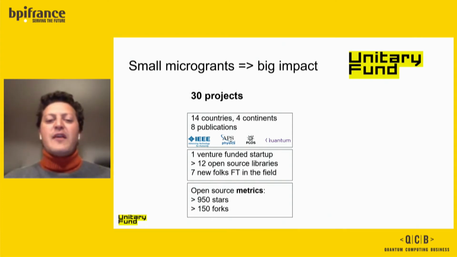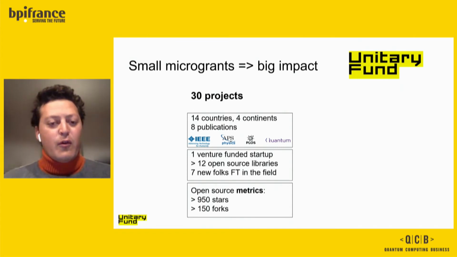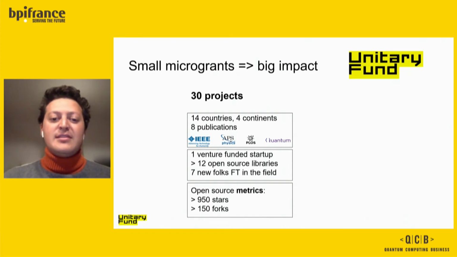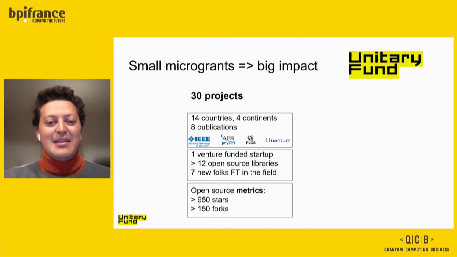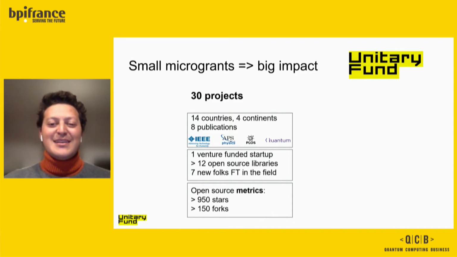It's also the fact that what could be a part-time hobby from an IT specialist, not part of a quantum academic ecosystem, then translated into a venture-funded startup by Finnish, that is EU-based investors. 12 open source libraries, and a metric that I particularly like to highlight is that 7 folks now work full-time in this field. And all of this has been possible with only $90,000 of investment.